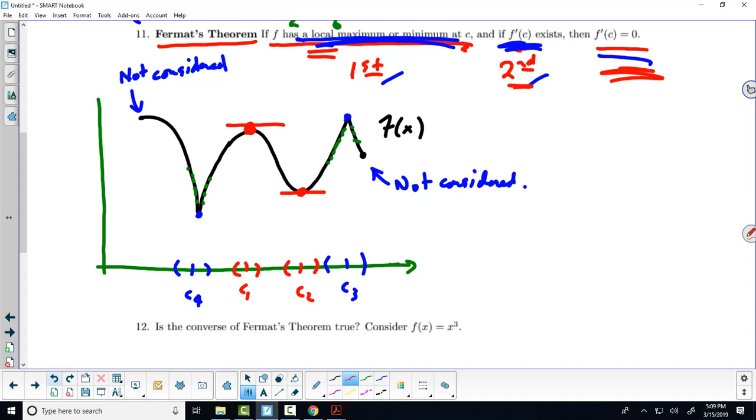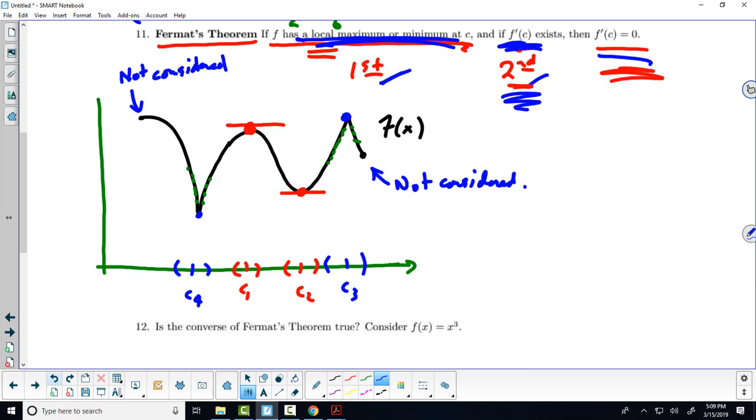Let's look at point C3. At C3, I meet the first of the two conditions for Fermat's theorem. I've got a local maximum or minimum, in this case a local maximum. The second condition, though, says the derivative must exist. But what do we know there? Well, there I've tried to draw what I hope looks like a corner. If it looks like a cusp to you, that's okay, it'll still work.